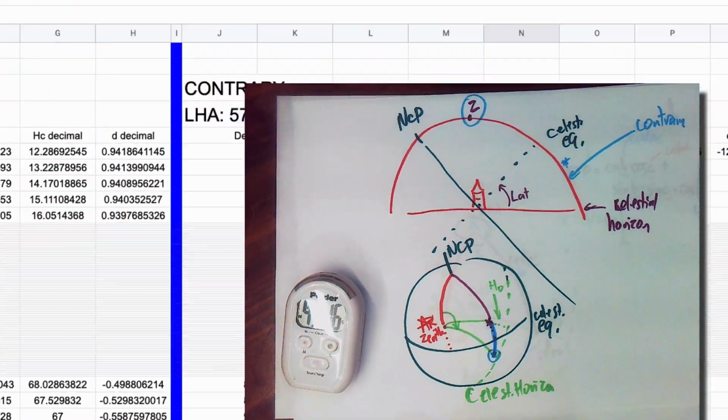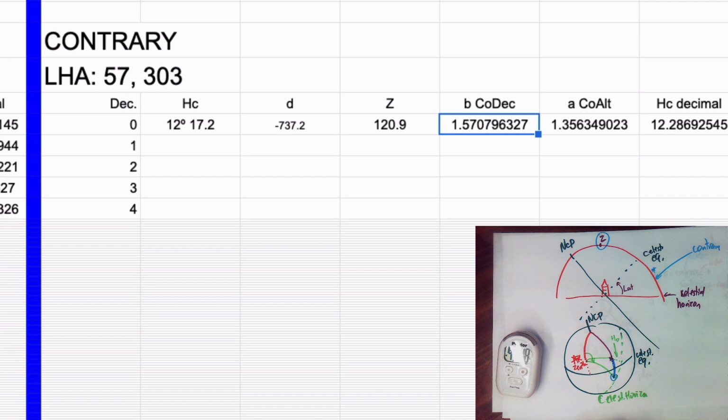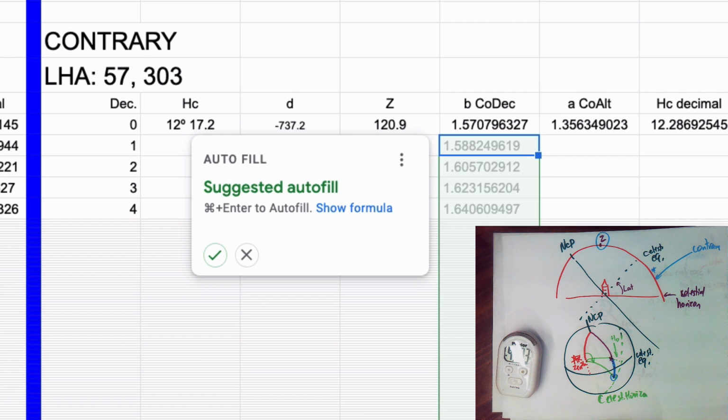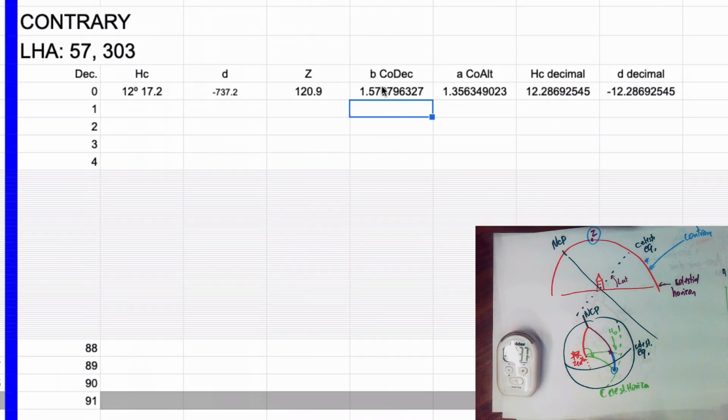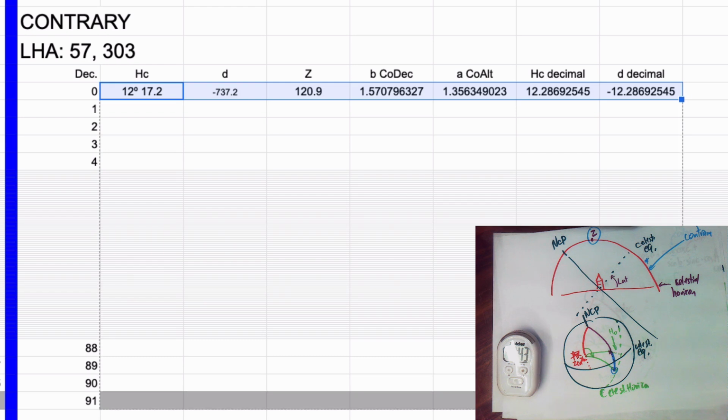Instead of 90 minus the thing in question, we're going to do 90 plus the declination. Again, that's going to give us the degrees from the North Celestial Pole if our ship is in the northern hemisphere. And again, we're not going to do autofill here. So that's literally the only change we're going to make, and let's see if it works.